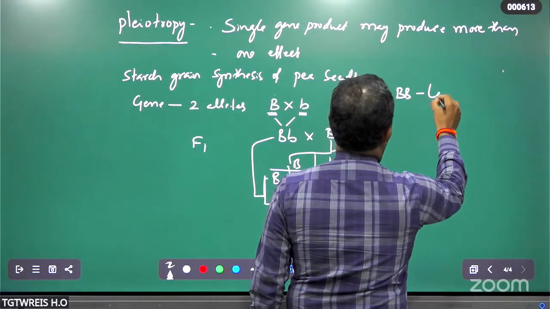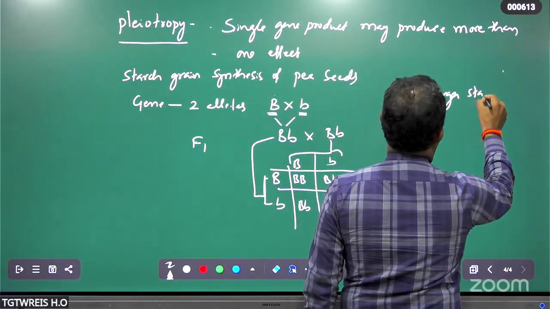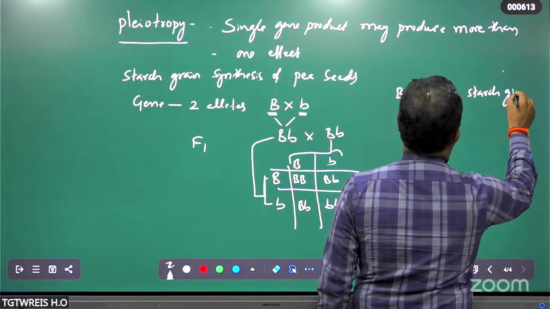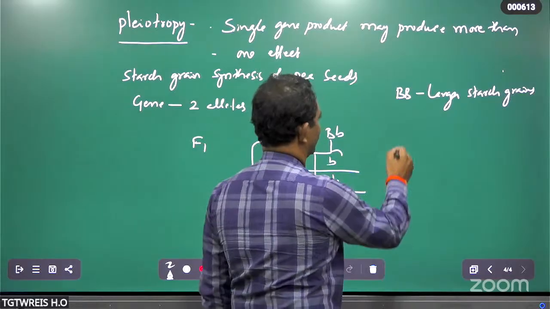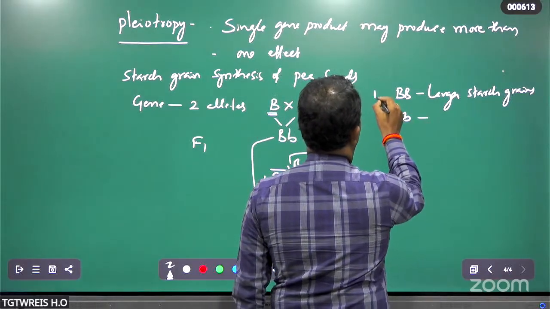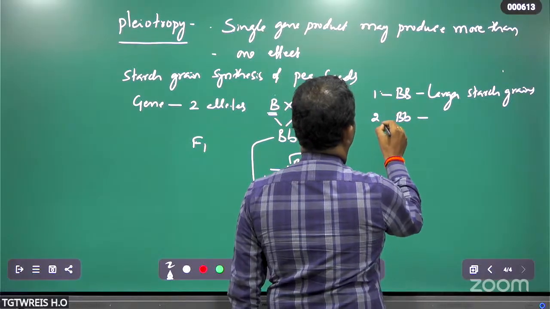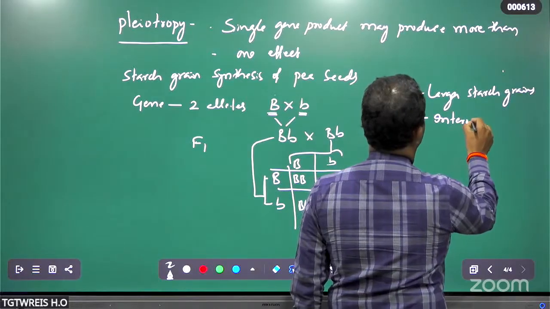Capital B, capital B shows large starch grains. Capital B, small b, two of them, show intermediate starch grains.